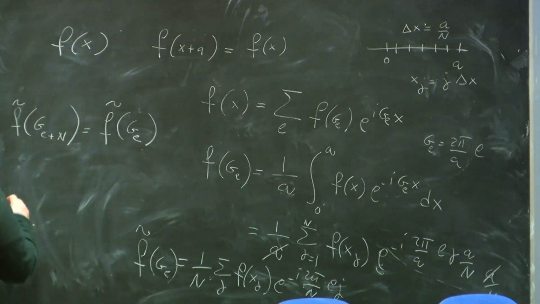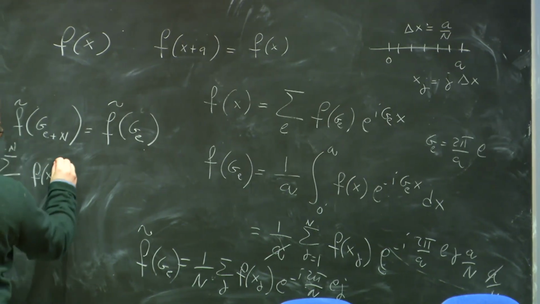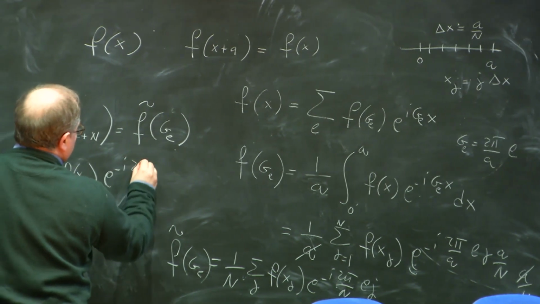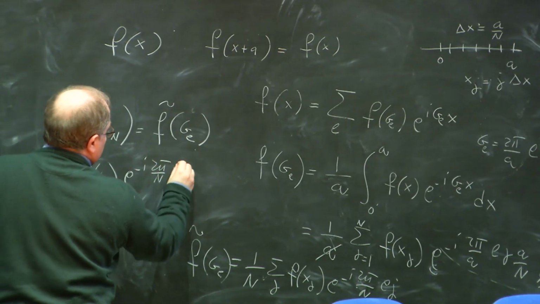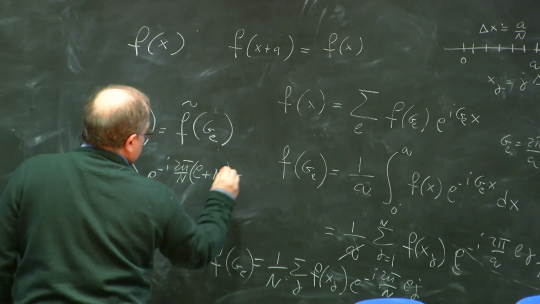Put here F tilde of, it is 1 divided by N, sum over j that goes from 1 to N, f of x_j, e to the minus i 2 pi over N, (L plus N) j.